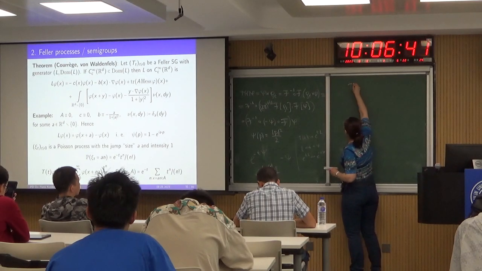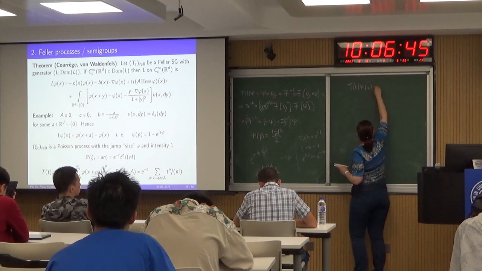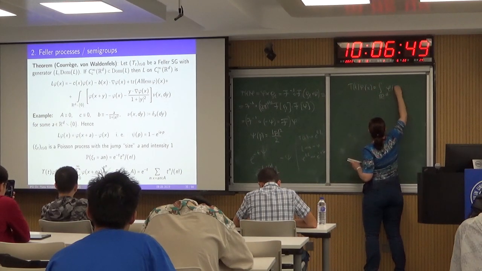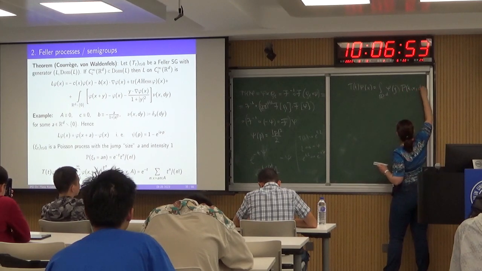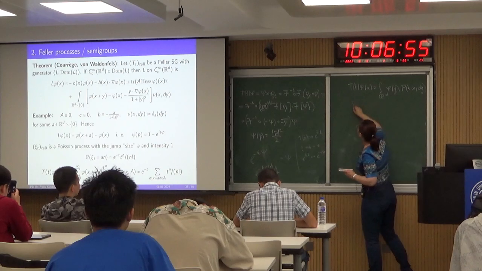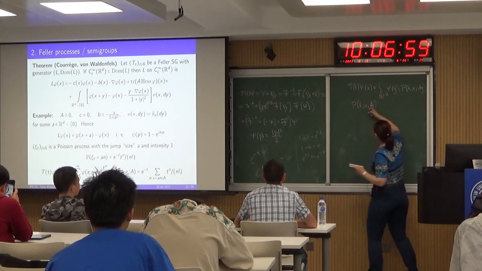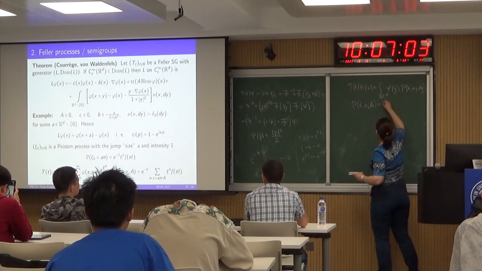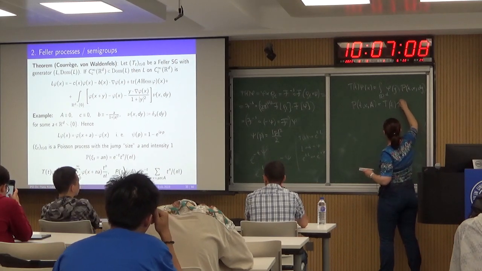We know that T_t of phi at x is just the integral over R^d of phi of y, p_t(x, dy). So how do we calculate p_t(x, A) at some set A? This is just T_t applied to the indicator of the set A.